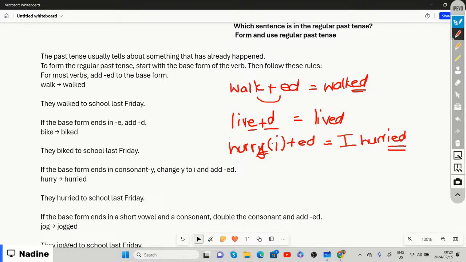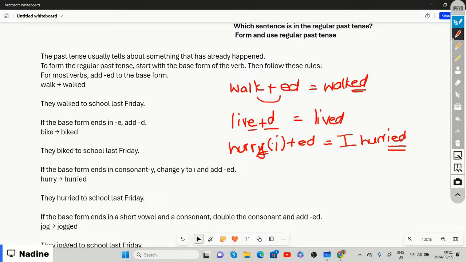So that is if our base word ends with a Y. We basically remove the Y, we put the I in its place and we just add the ED. So hurried. So these are our regular past tense verbs.